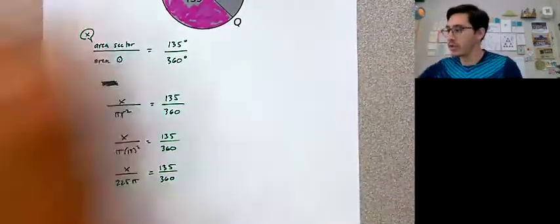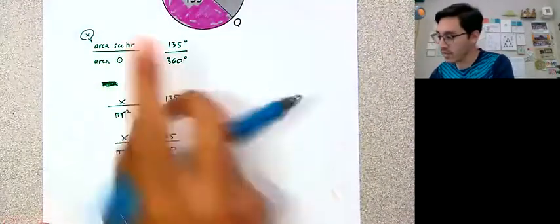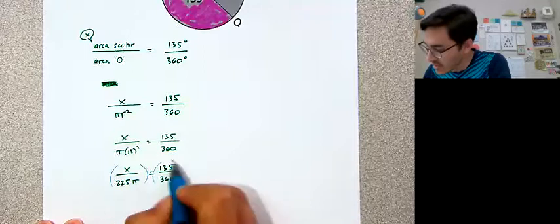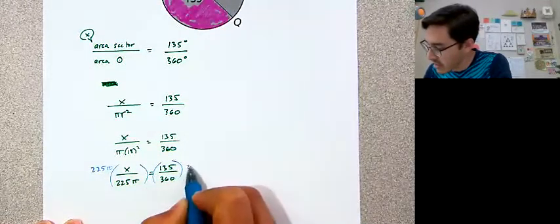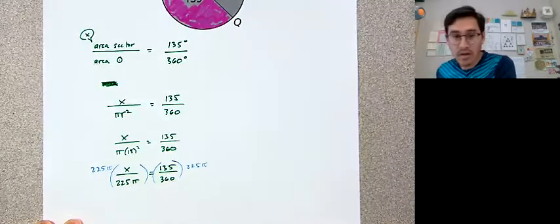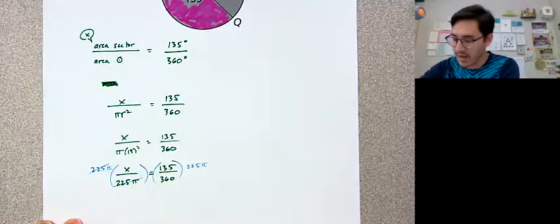And then we're solving for x. x is the area of our sector. And so to isolate x, we can multiply both sides of our equation by 225 pi. Okay, so it's going to cancel on the left-hand side.